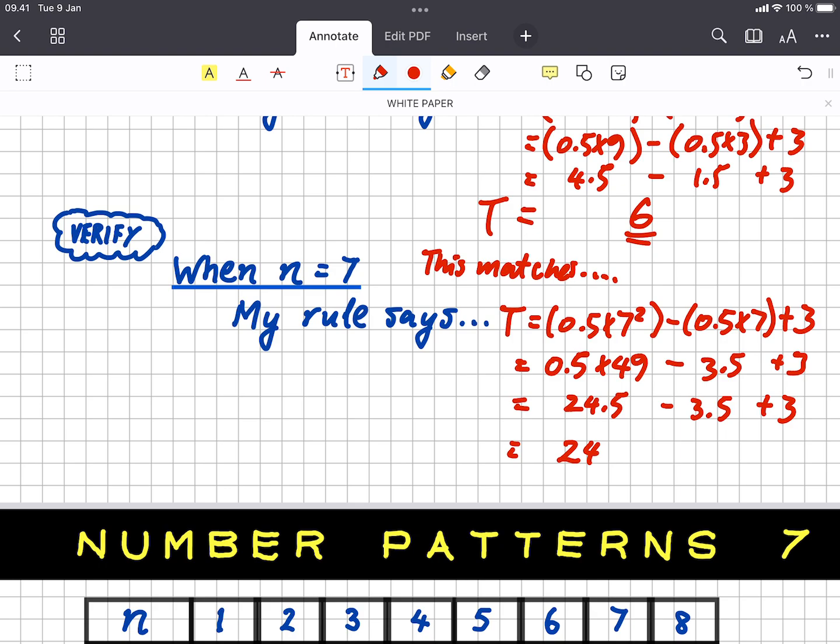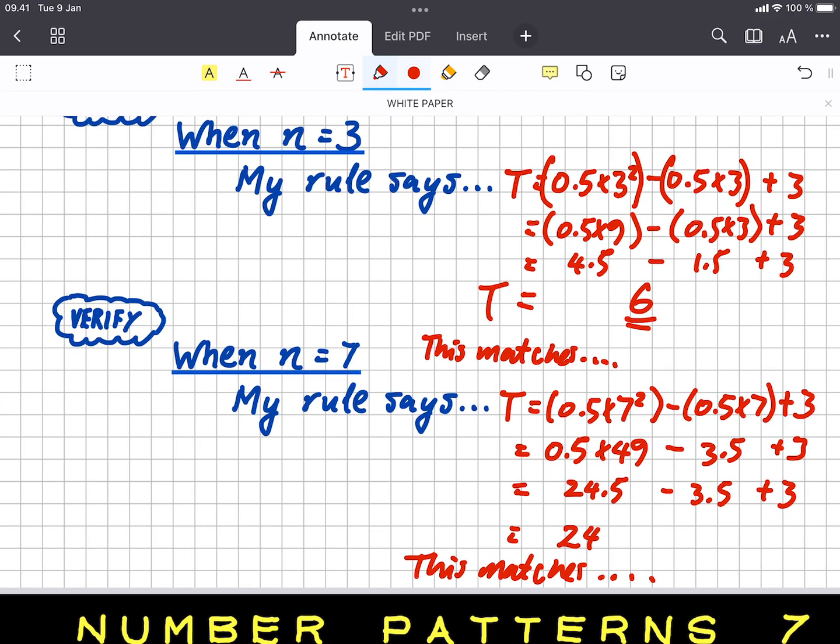So just finally make the comment, this matches the value that I predicted in my table, and then we should be good for the marks.